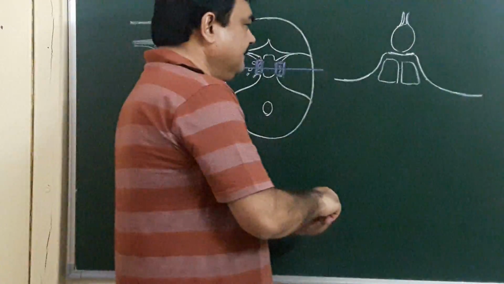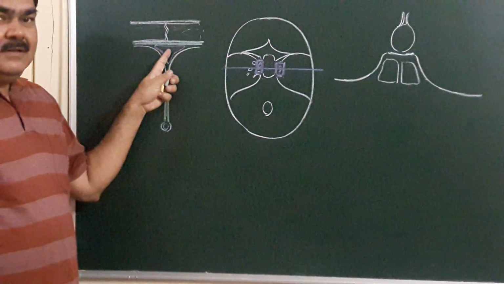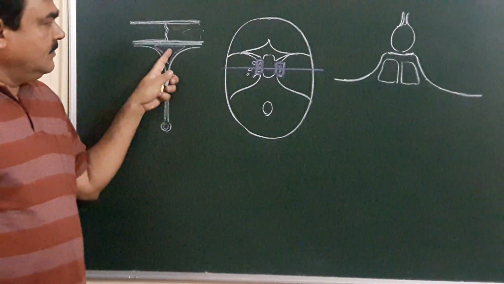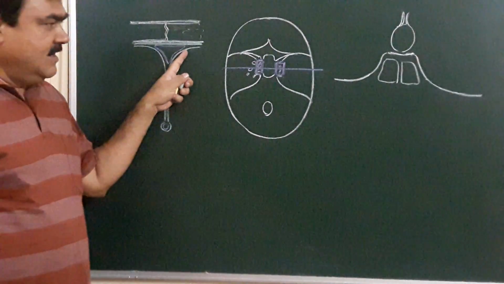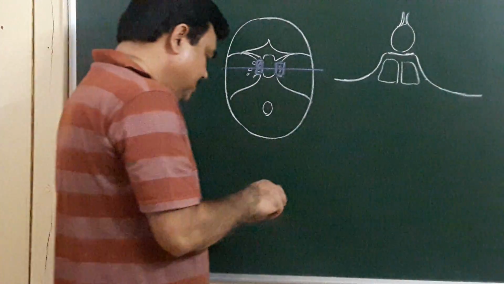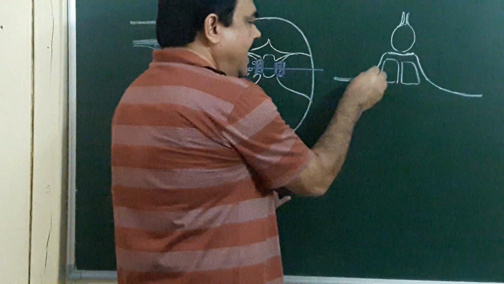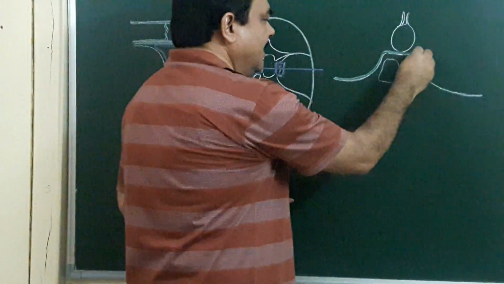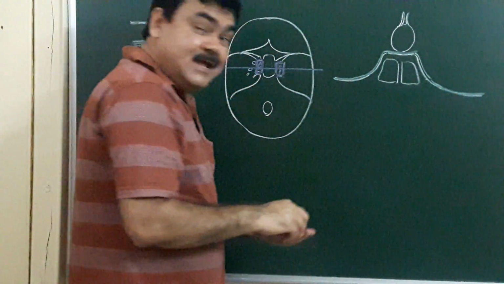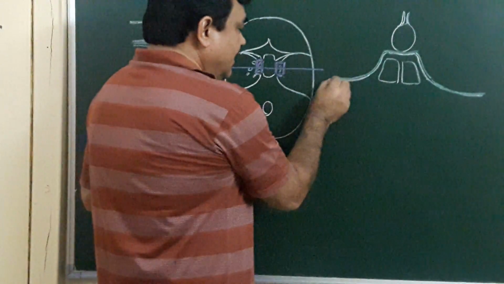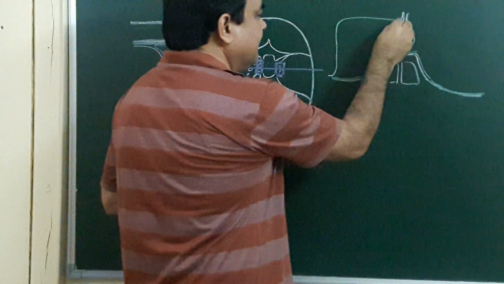Dural venous sinuses. Here you have seen this dural venous sinus is found between the endosteal layer and the meningeal layer. Here, this is the endosteal layer, which is attached to the bone. And another layer, that is the meningeal layer, is split from here, like this.